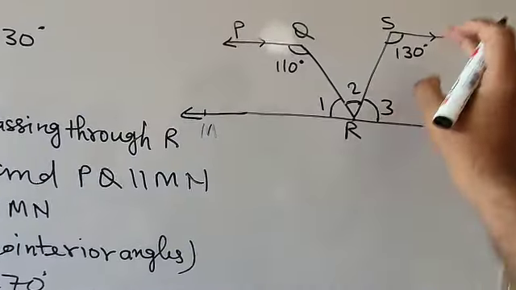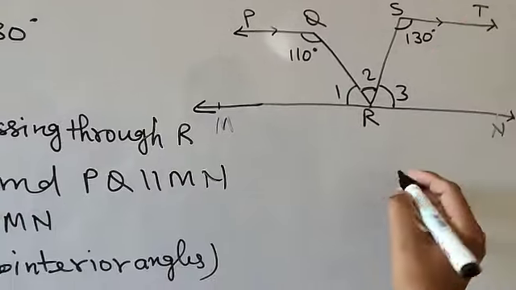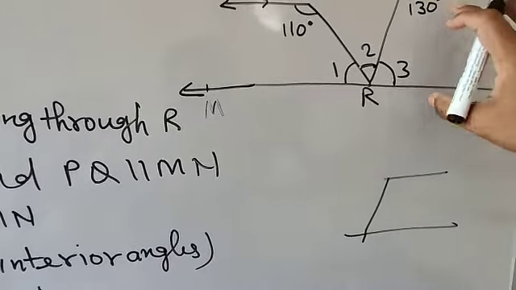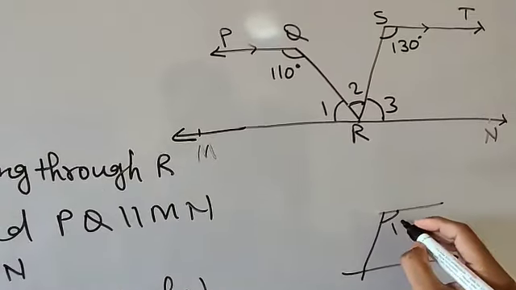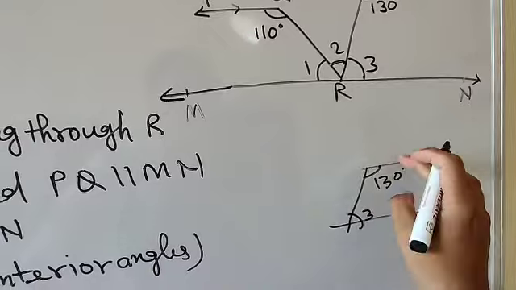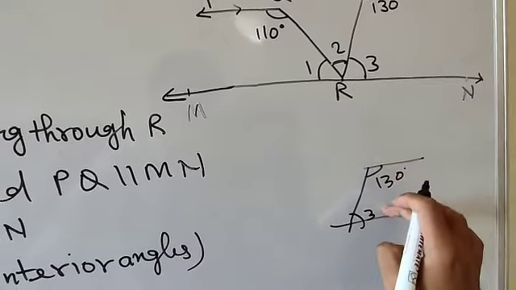In the same way, these two lines are also parallel. So here the figure is like this. Here I am going to draw this portion. If it is 130 degree, then this angle, angle 3, these are also the co-interior angles. So their sum will be 180 degree.